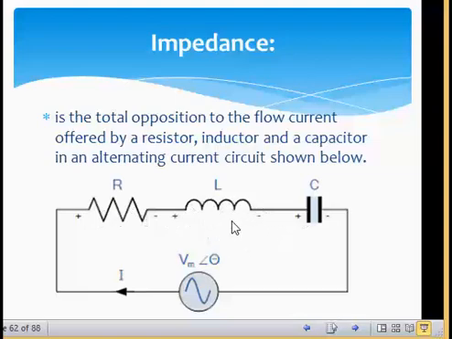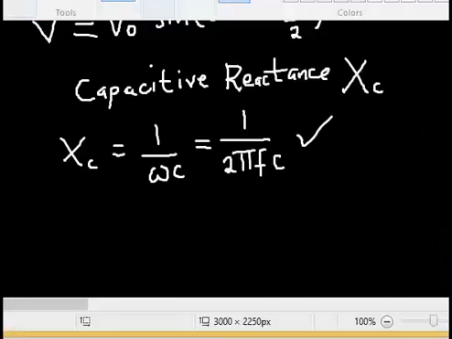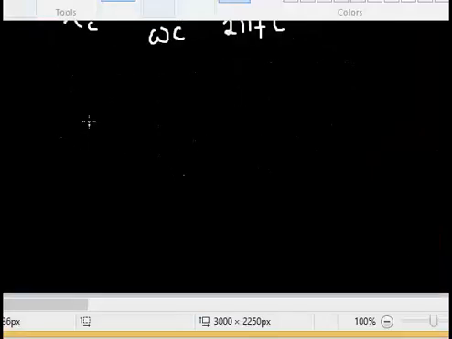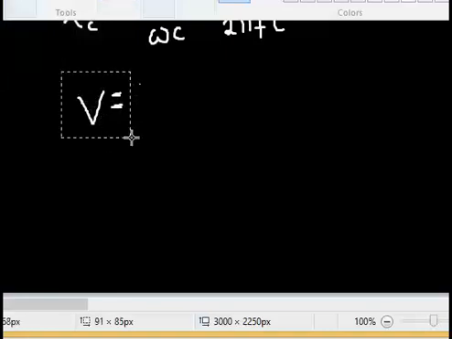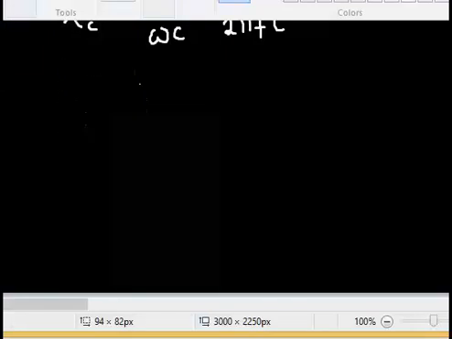So if I want to write the formula based on Ohm's law for an alternating current, I will say that the voltage of an alternating current is equal to the VRMS, right?